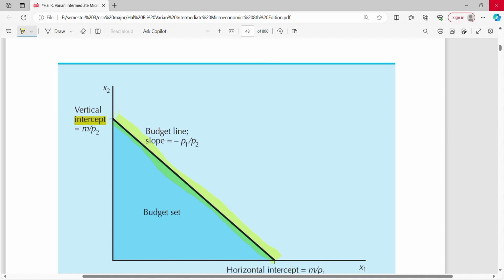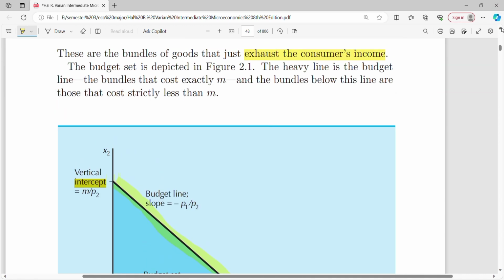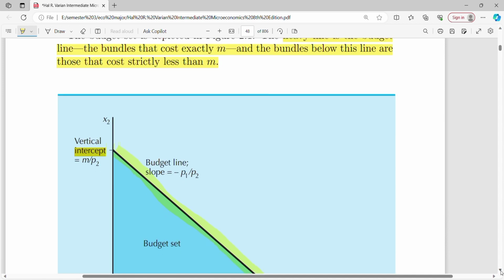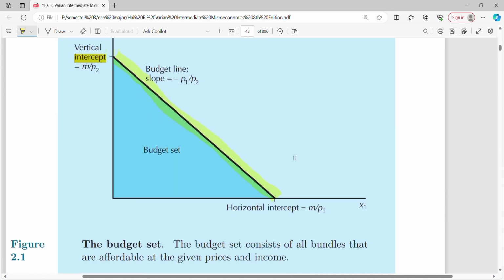And all the bundles which are below this budget line cost strictly less than M. So all the bundles that lie on this line exhaust or equal M, and all below are less than M.